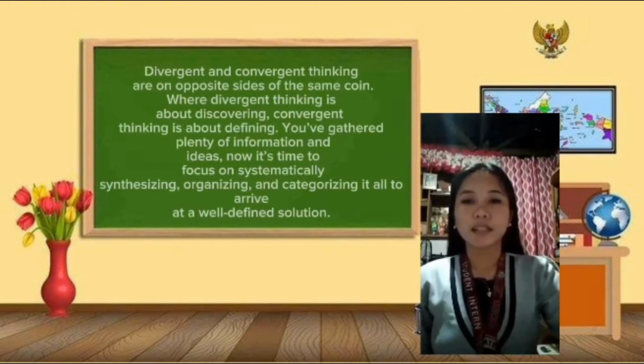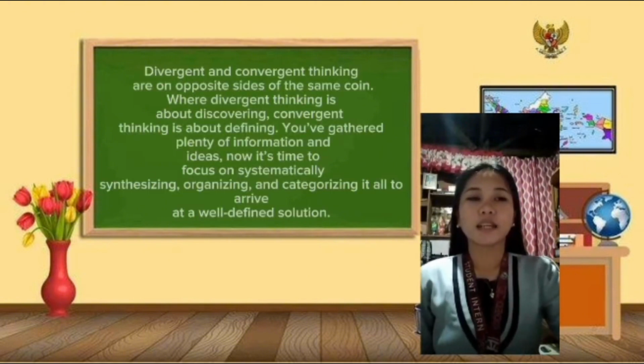Divergent and convergent thinking are on opposite sides of the same coin, where divergent thinking is about discovering, while convergent thinking is about defining. You've gathered plenty of information and ideas. Now it's time to focus on systematically synthesizing, organizing, and categorizing it all to arrive at a well-defined solution.